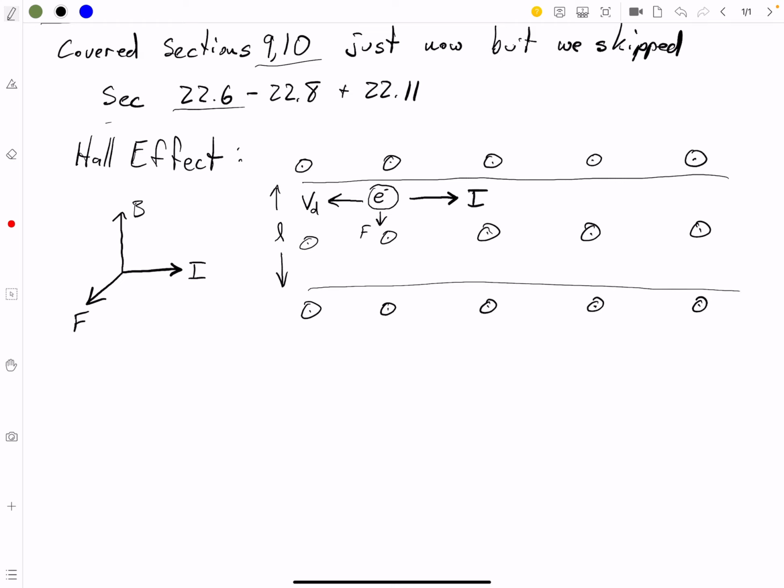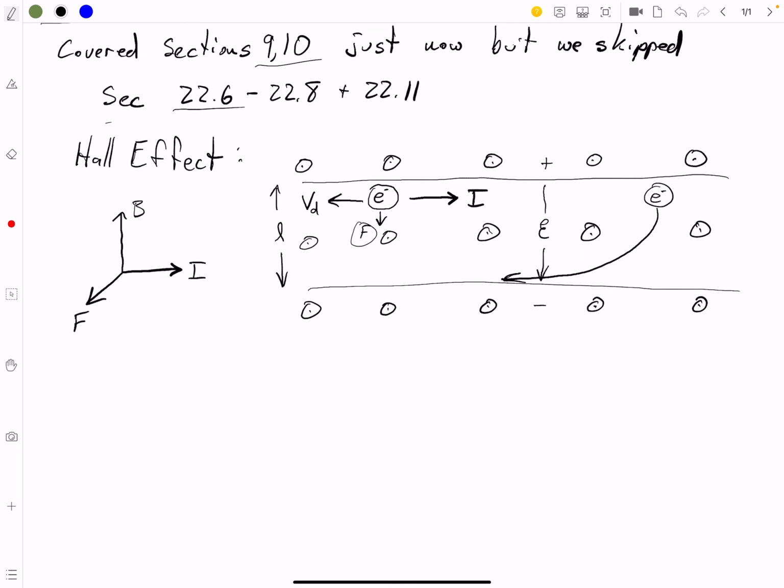So its path, if there was another guy right here, kind of goes like this, because it can only get so far to the bottom. But this force, you could think of as an EMF. If we were to put an E field, positive and negative, we'd have an EMF that is pushing in that direction.